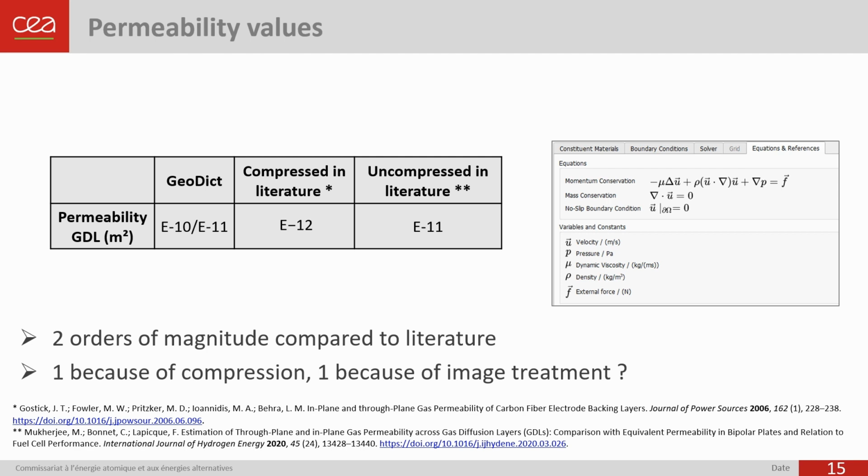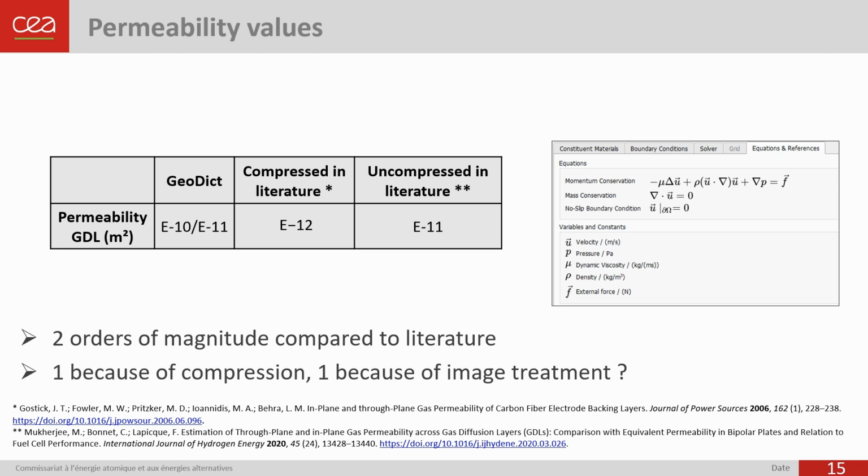But the difference is that most of the literature values are obtained with experiments made when the GDL is compressed, whereas the structure used to calculate permeability on GeoDict is uncompressed.